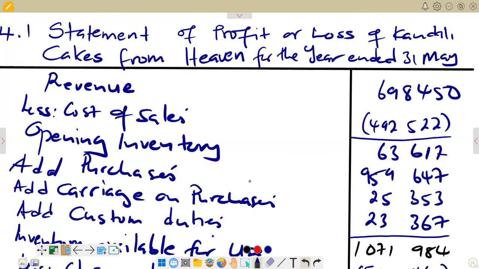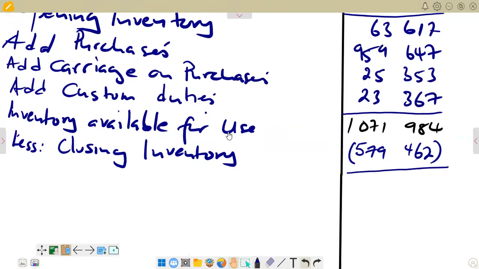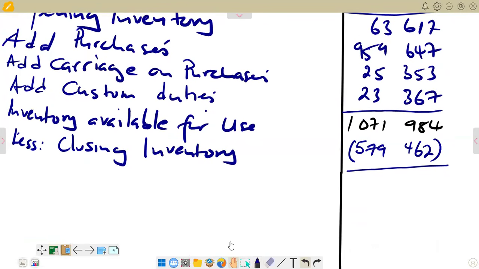Then to get your gross profit, you are now saying revenue minus cost of sales, then you get your gross profit. So you're saying 698,450 minus 492,522. Then the figure that you get there is 205,928, and it becomes your gross profit. So the answer will come beneath here.